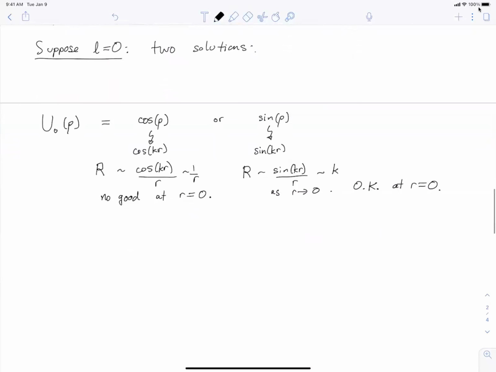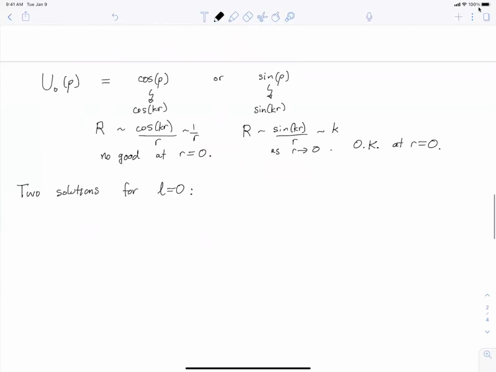So to summarize that, we have two solutions. We're going to keep both of them for now. So I should say for L equals 0. And we're going to label them as A and B. The A one is going to be the good one, which is sine of rho.